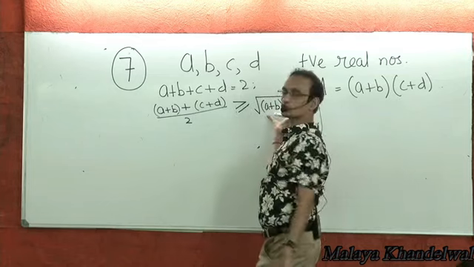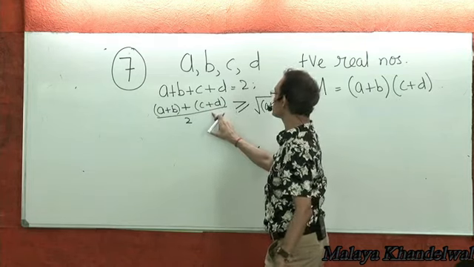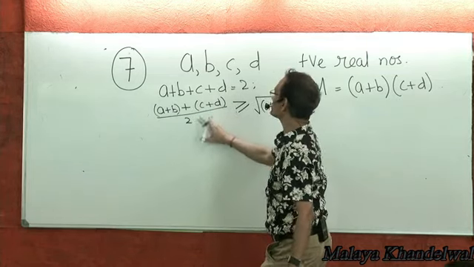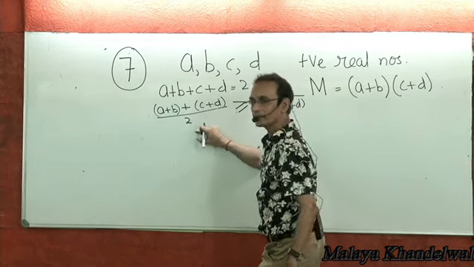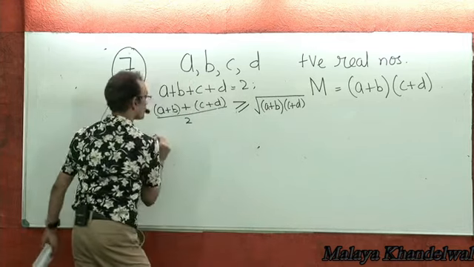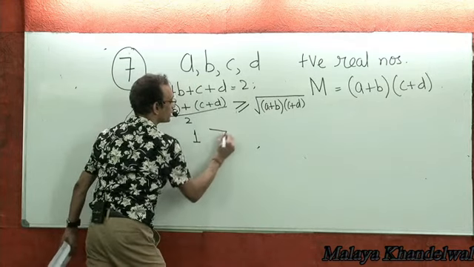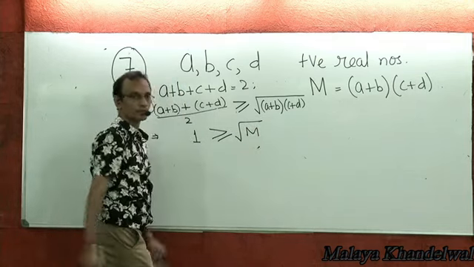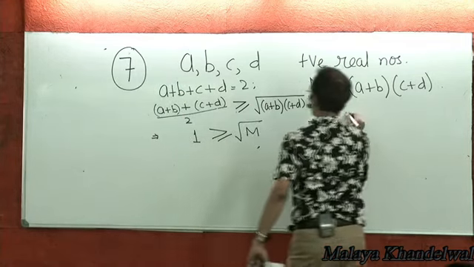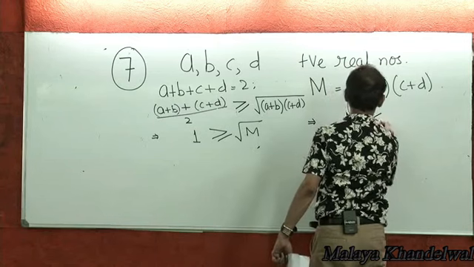But what is this? This is root M, and this is 1 because A plus B plus C plus D is 2, so this by 2 is going to be 1. So we end up getting 1 greater than or equal to root M. So this gives us M less than or equal to 1.